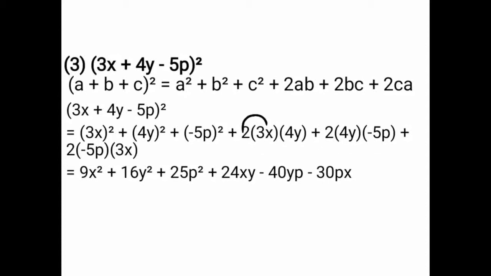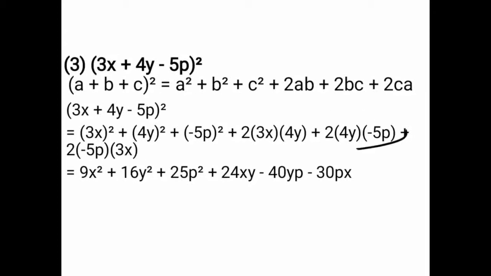2 into 3 is 6. 6 4s are 24. 24 into x into y is 24xy. Plus into minus is minus. 2 4s are 8. 8 5s are 40. 40 into y into p is 40yp. But the answer is negative because I have already converted the sign before. Plus into minus becomes minus.